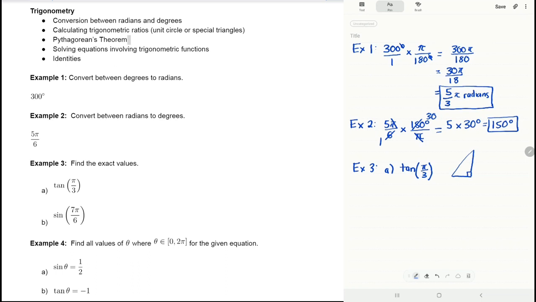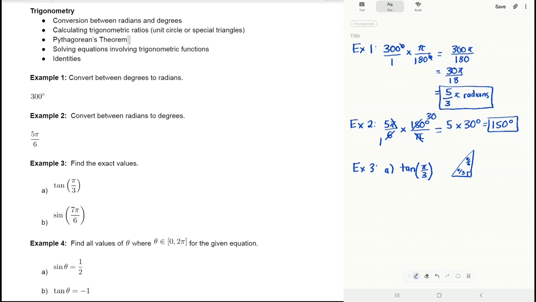So we have our right angle triangle. The special triangle, which involves pi over 3, or 60 degrees, will be pi over 3. The other angle will be pi over 6, and then we have our right angle, which is 90 degrees.